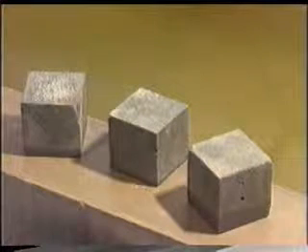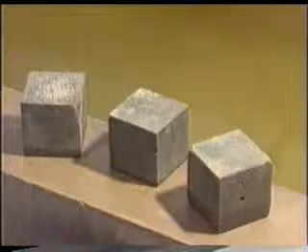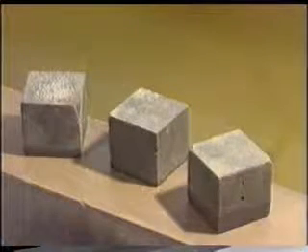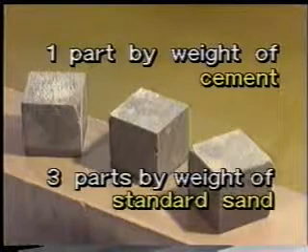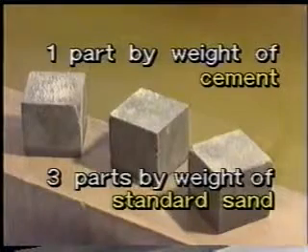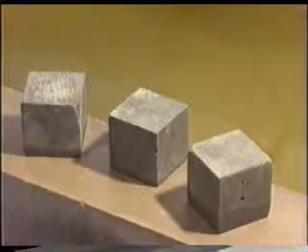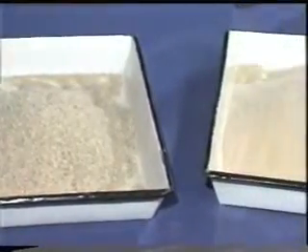The compressive strength of cement is tested by cement mortar cubes prepared with 1 part by weight of cement and 3 parts by weight of standard sand. The standard sand comprises 3 different grades of sand.